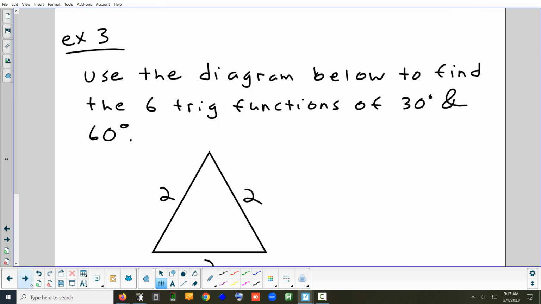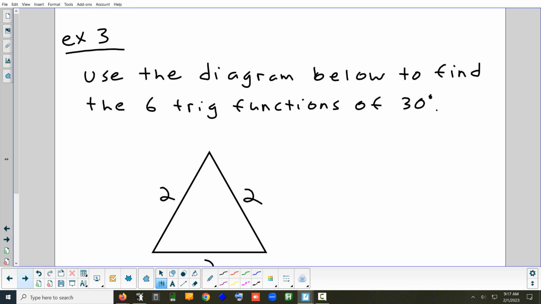All right. Let's see if we can do the 6 trig functions. I'm not going to do 30 and 60. Let's just do 30. So we need to draw a right triangle that's going to have a 30-degree angle.